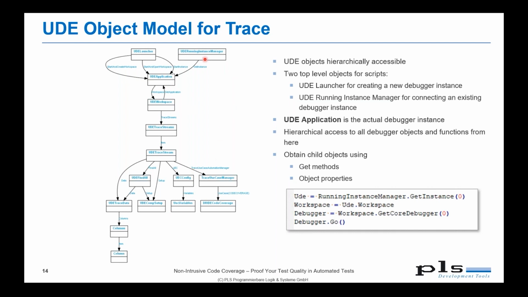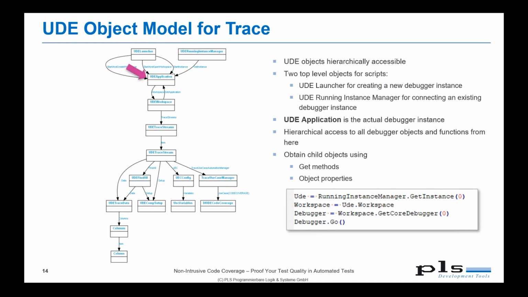The topmost objects provide you the functionality either to connect to a running UDE by your script, for example, or to open a new UDE and create a new debugger session or test session.